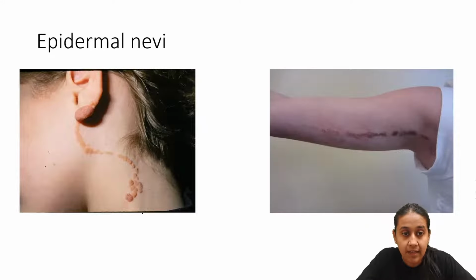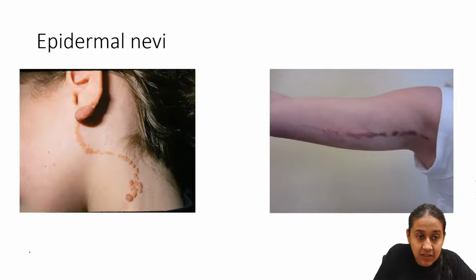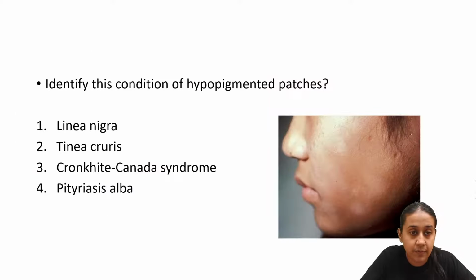Clear, all of you? You can see that epidermal nevus is this. Very clearly you can see that it is following the linear Blaschko's line which we have shown.